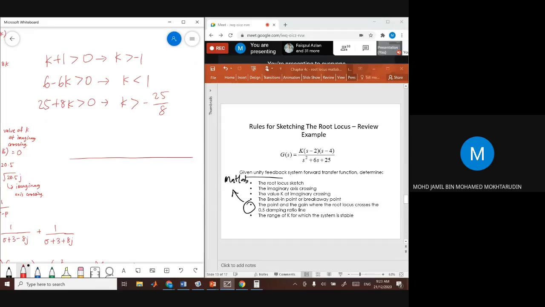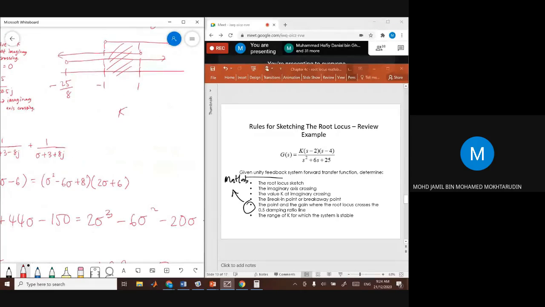Okay, do the number line. Okay, so all the lines crossing here. So your K is in between minus 1 and 1, okay, for stability.